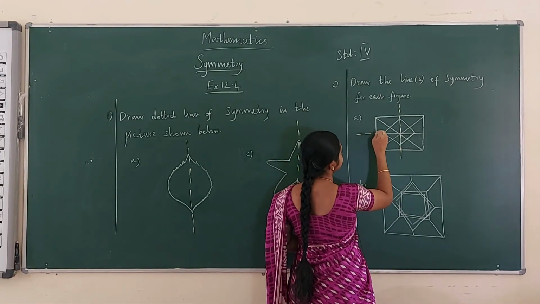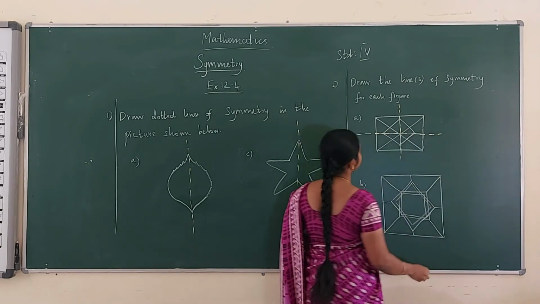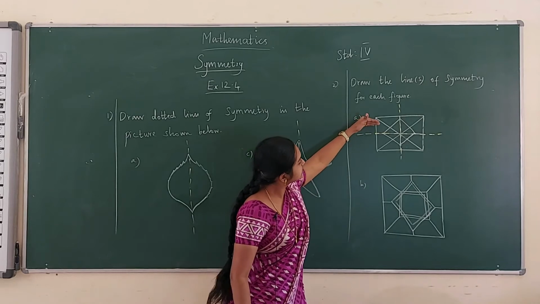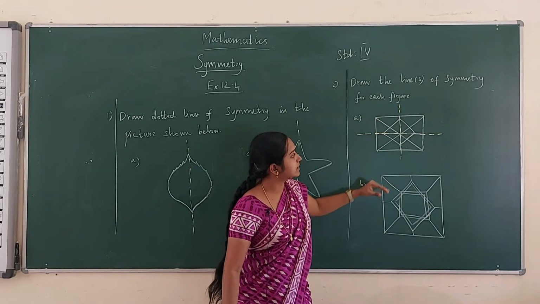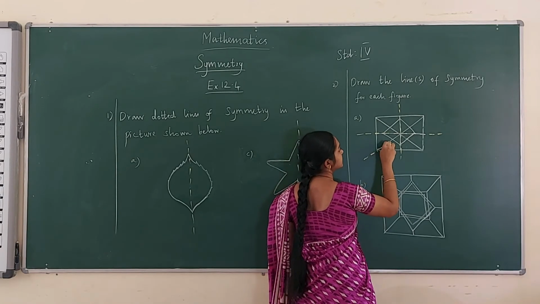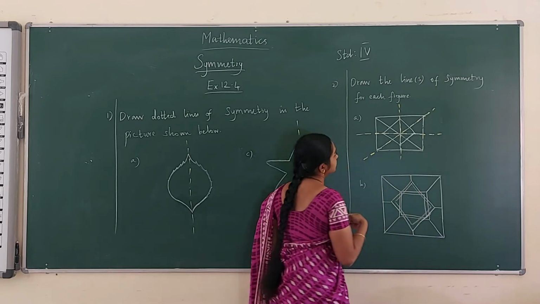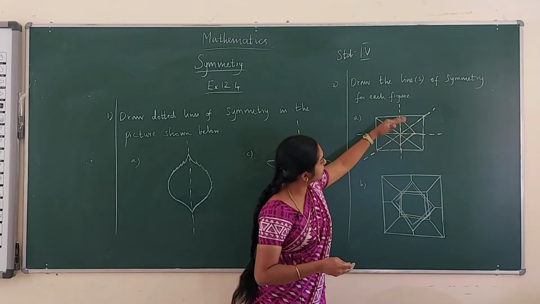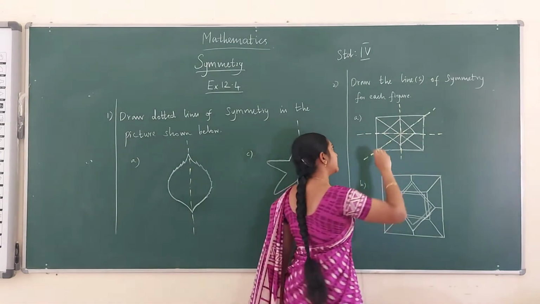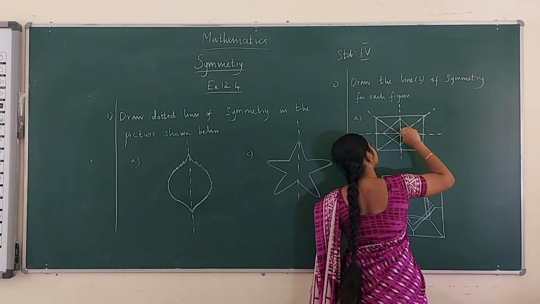Next, here we are having one line of symmetry. In this case also, both the sides are looking the same. Then there is another line of symmetry diagonally. Here also, both the sides are looking the same. And in this diagonal also, the design will look the same.